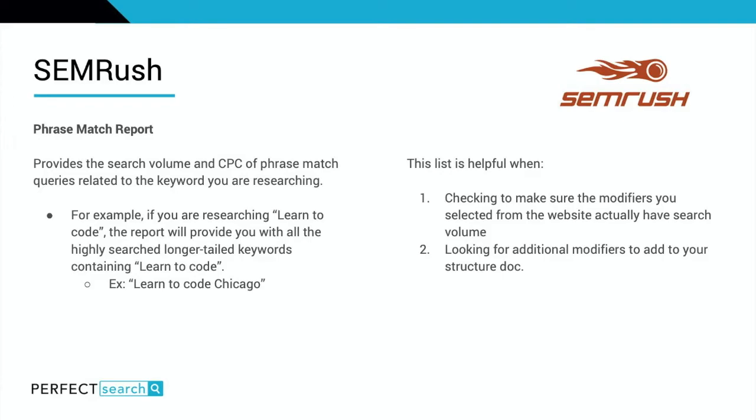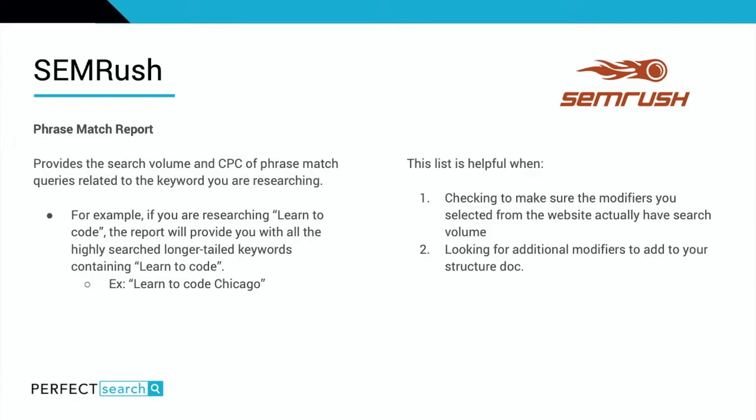This just provides the search volume and CPC of a certain phrase, and then it shows you related keywords with that phrase in it. So for example, if we typed in learn to code, some examples of phrase match queries related to that keyword that would pop up are learn to code Chicago, or potentially things like learn to code near me.